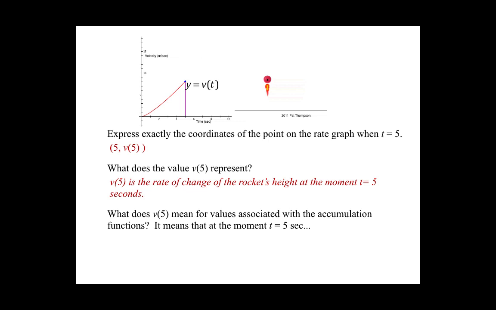So imagine we have to wiggle a little bit away from t equals 5 to have some increase in time in order for the height to be increasing, as we can see that it is. If you freeze time and look at one instant, you don't have any change. If you wiggle forward a little bit or look at a small moment using a constant rate v of 5, we can see what the ratio is between the height change and the amount of time elapsed, or the time change.